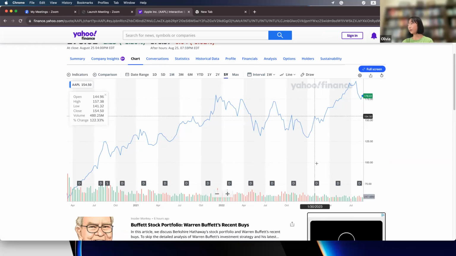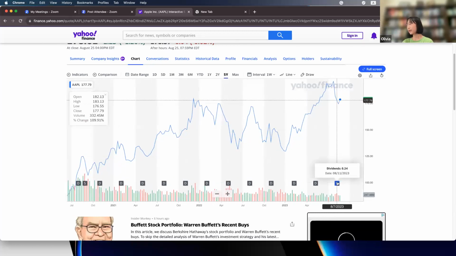Does anyone know what the gray square boxes with these on them mean? Like the gray boxes here. Okay, well, these square boxes here actually show the dividends Apple gave out.